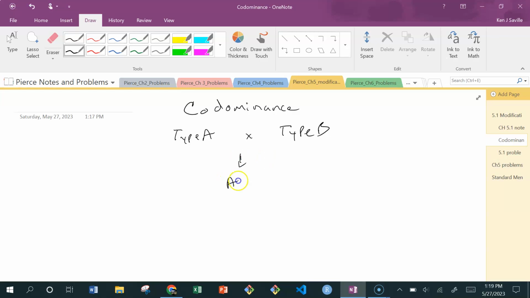Then here you can get type AB blood. Now this is usually in humans, so we don't really do a test cross, but just conceptually, if you cross these two together, we'll get 1 to 2 to 1 type A blood, type AB blood, and type B blood.